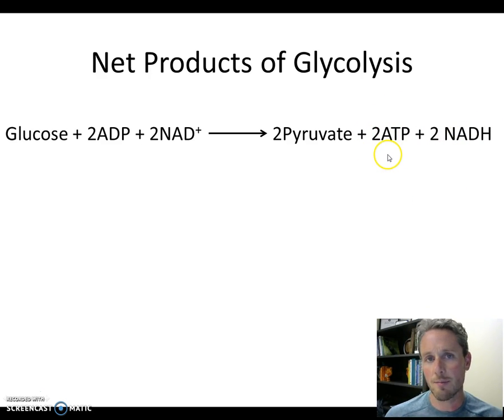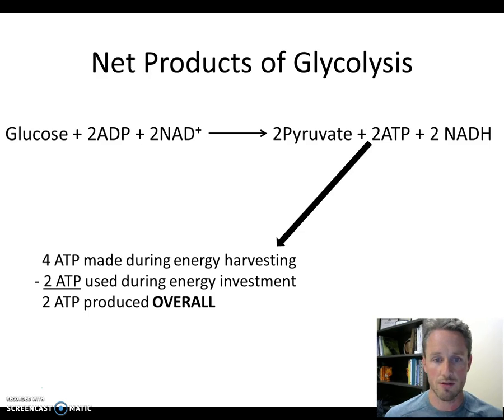And you might be looking at this chemical equation going, wait, we just talked about how energy harvesting produces 4 ATP from those 2 3-carbon molecules. But I only have 2 ATP listed here. That's because I'm listing the net products of glycolysis. Remember that we started glycolysis by investing 2 ATP molecules.